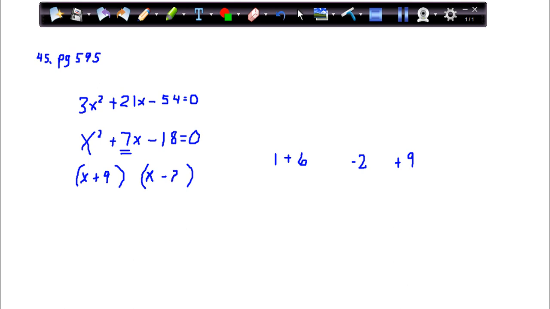And we can check that. X times x will give us an x squared. 9 minus 2 will give us a positive 7, the middle term. And 9 times a negative 2 will give us a negative 18.